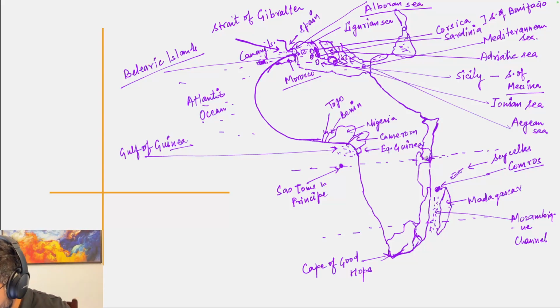Somalia. So this is Tanzania. This country is Tanzania. And this country is Kenya.